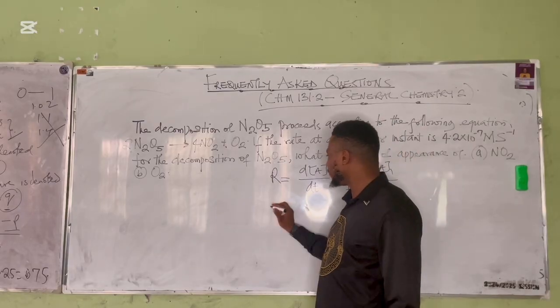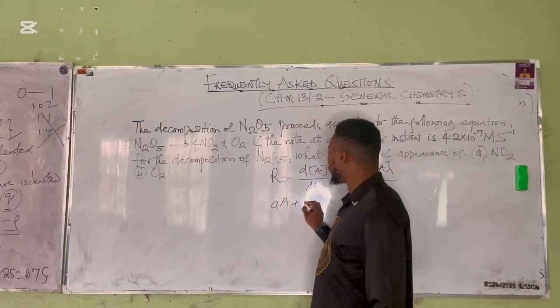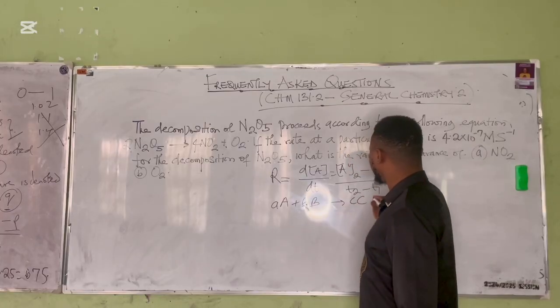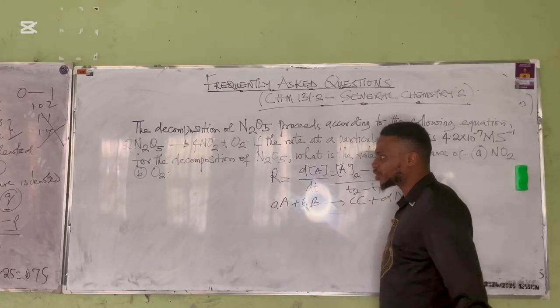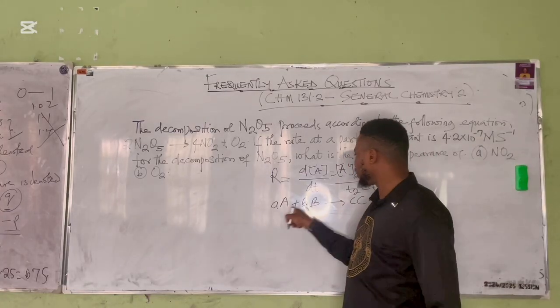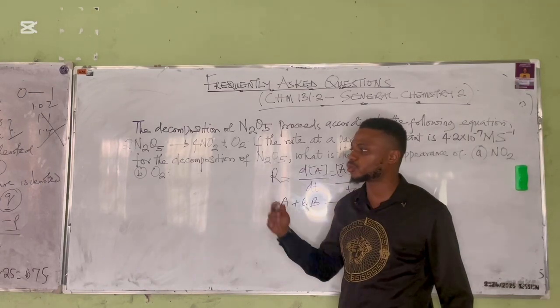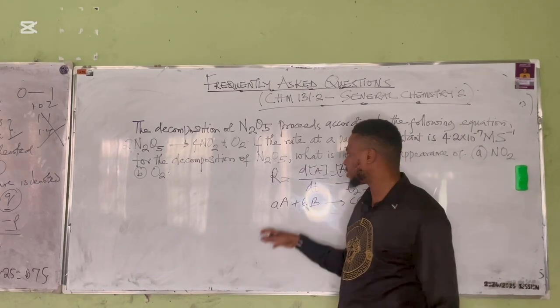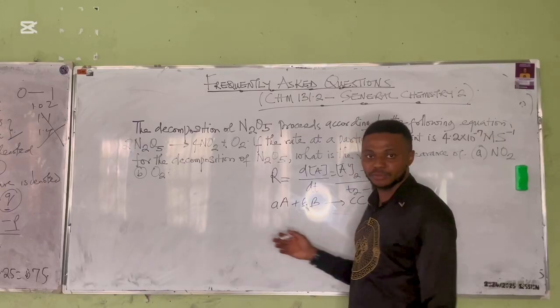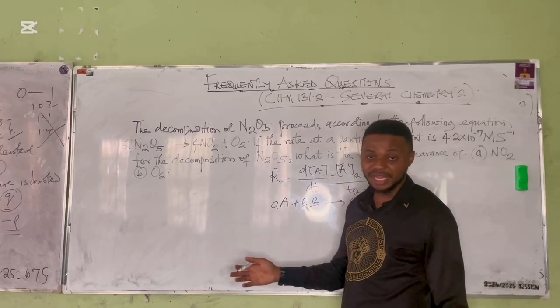But now in a given reaction aA plus bB to give us cC plus dD, this is how a reaction is actually expressed, where the small letters a, b, c and d are used to express the molar coefficients, and the capital letters A, B, C, D are used to express the substances.